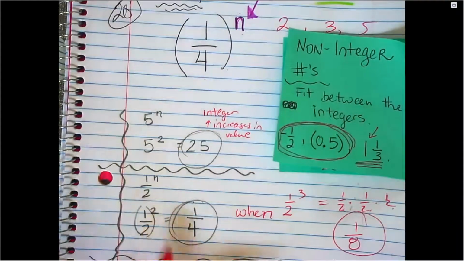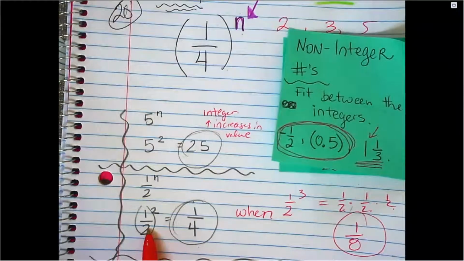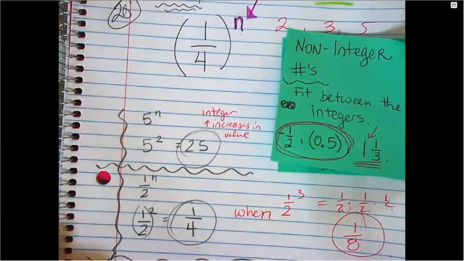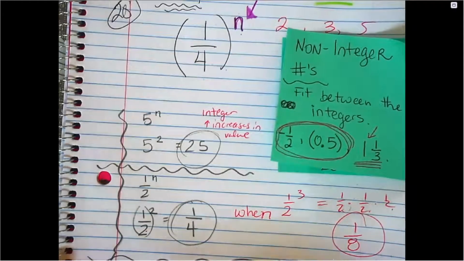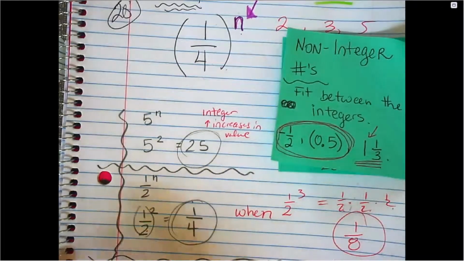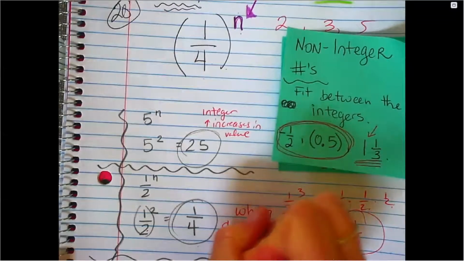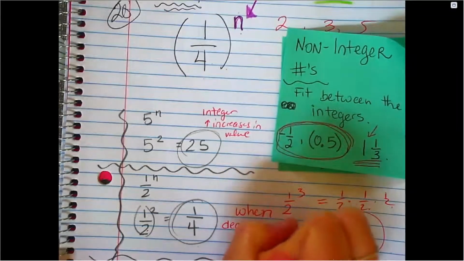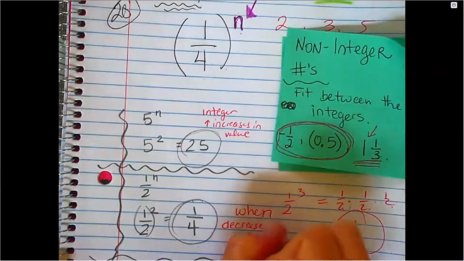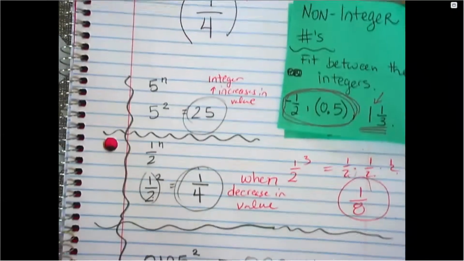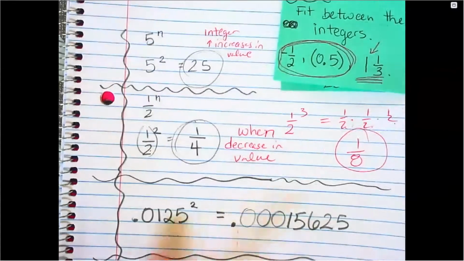So when these non-integers, these fractions and decimals, are taken to a power, they actually decrease in value. That's something we can count on for fractions and for decimals.